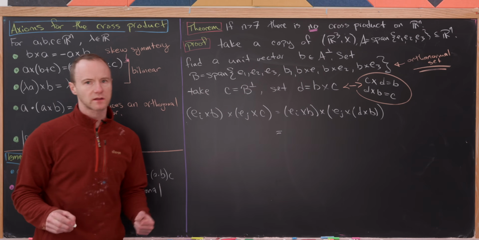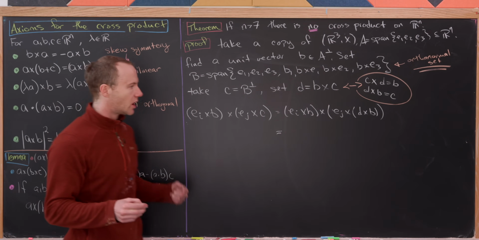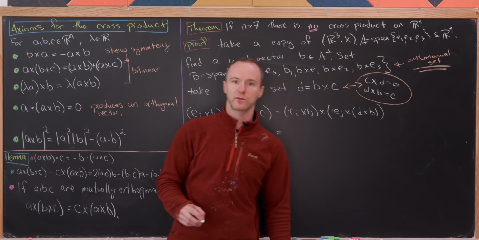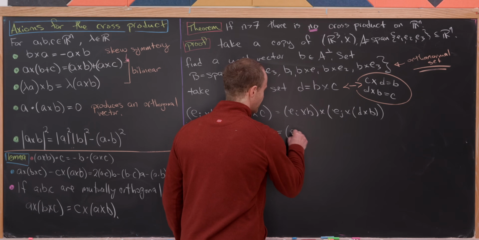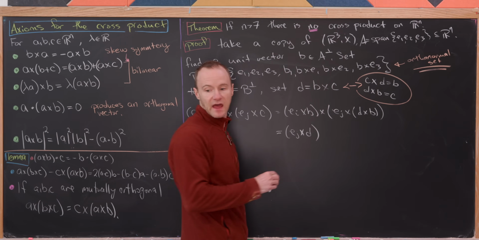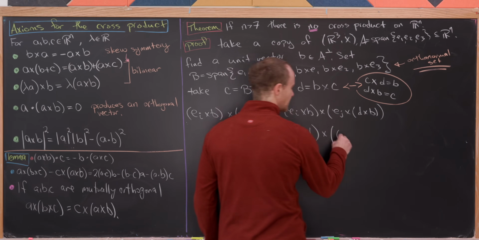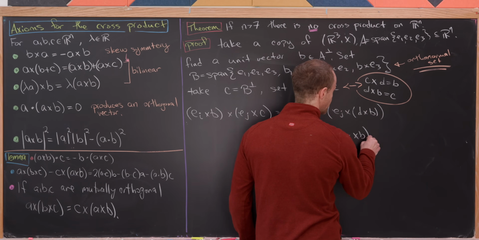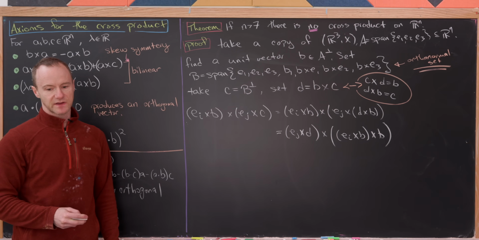This is not going to look like dot products, but essentially what you can do is translate them all into dot products using this formula and see that you will get the same thing. So here we'll have EJ crossed into D, and then that's going to be crossed into EI, which is crossed into B, which itself is crossed into B. So we've got something like that.